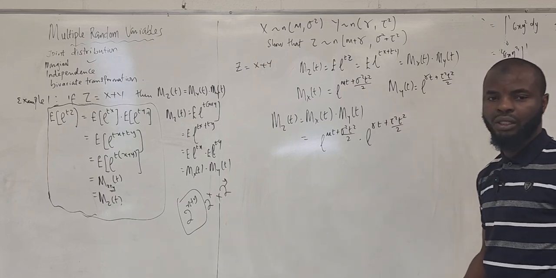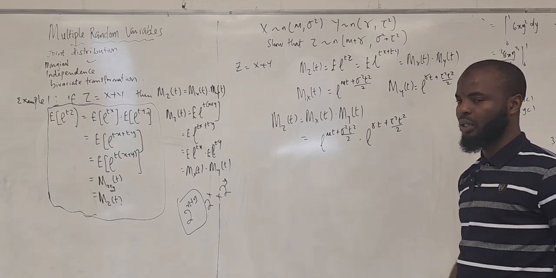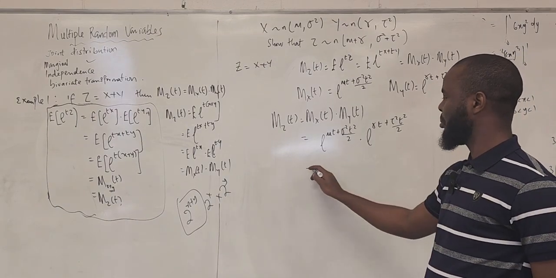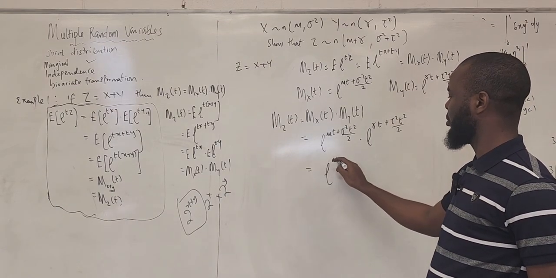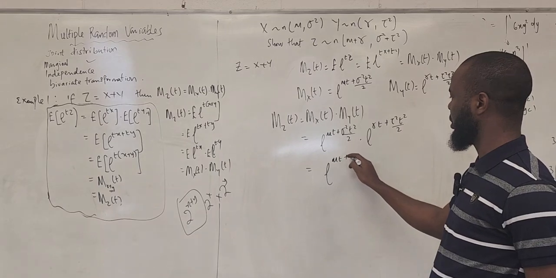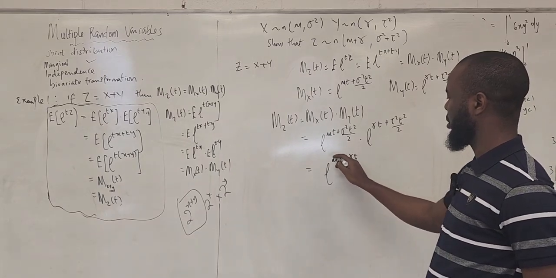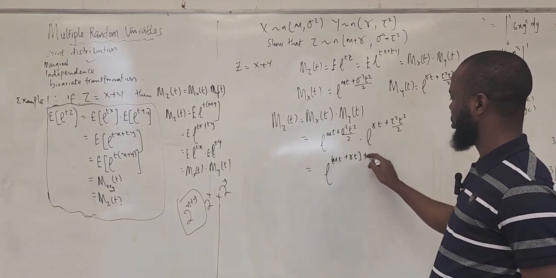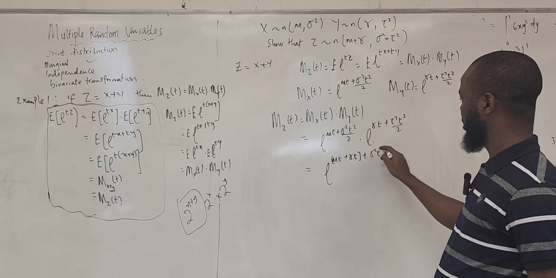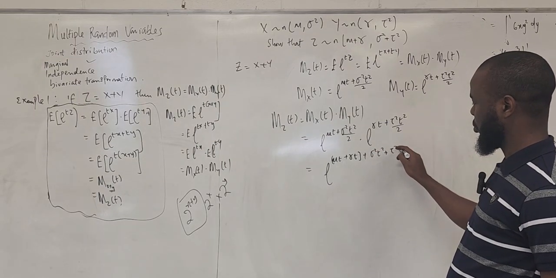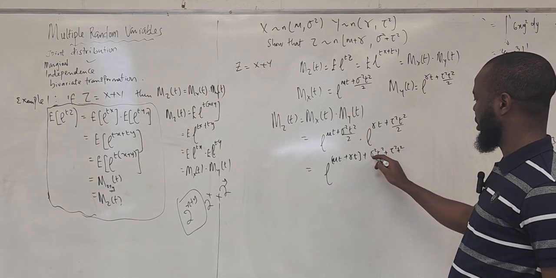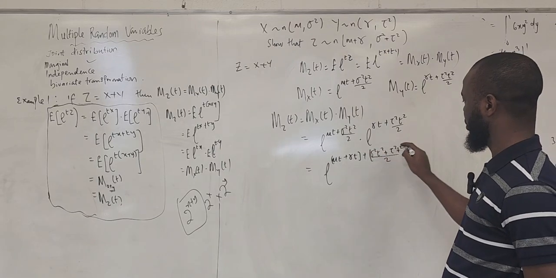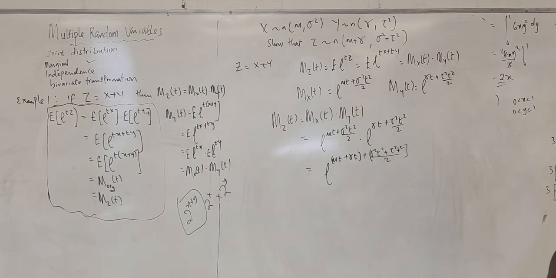Don't forget the rule of indices. If you have the same base, you can add the powers together. So here we can have mu t plus tau t plus sigma square t square plus tau square t square over 2, right?